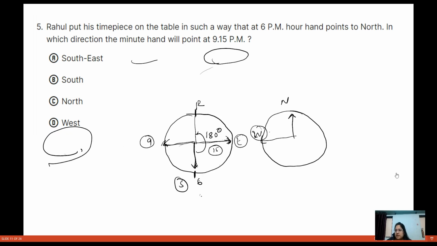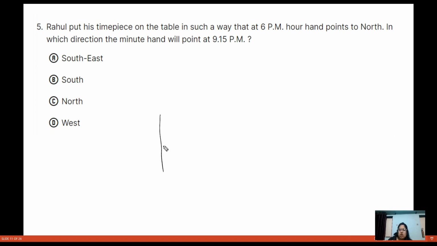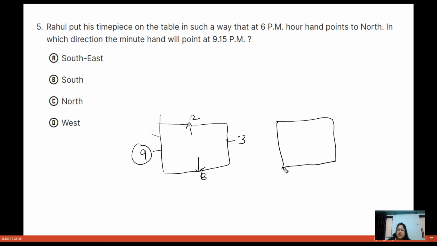I hope you understand this: there is a clock, and it is marked this way, 12 here, 6 here, 3 here, and obviously 9 here; in between we don't need. Now what he did, he went to his table and placed it in this way, so that 6 is pointing towards this direction, 12 towards this direction, 3 towards this direction and 9 towards this direction.